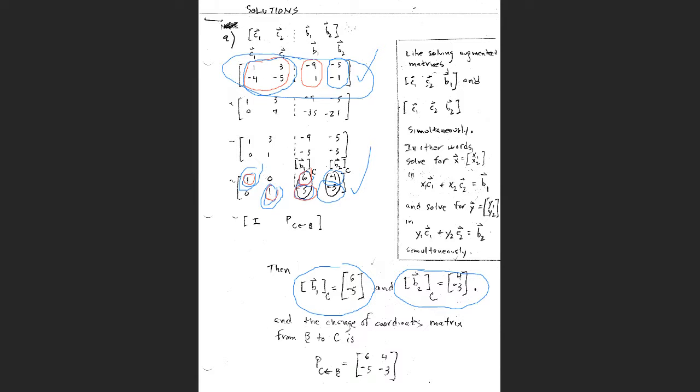Once you had a 10 by 10 identity on the left side, on the right side you'd have your change of coordinate matrix from basis B to C.